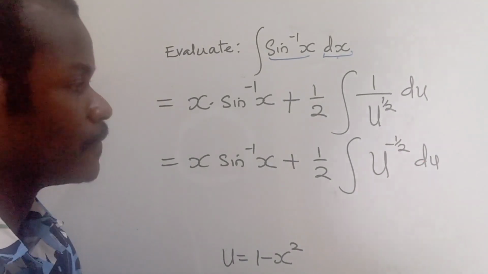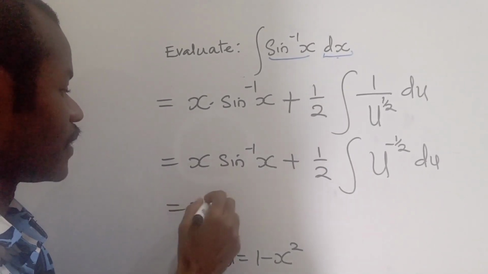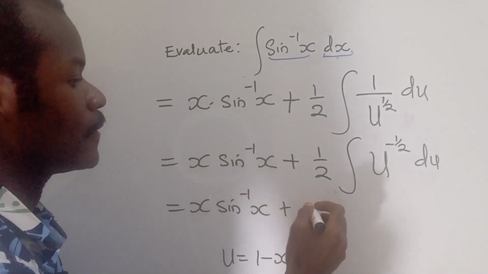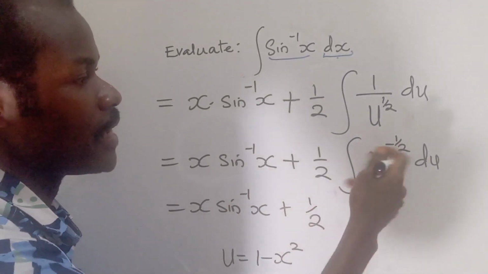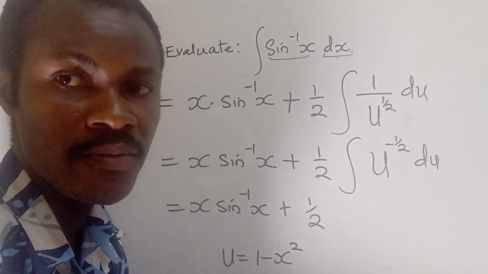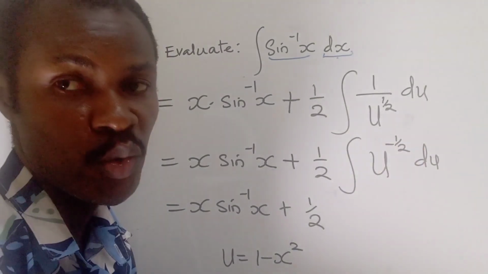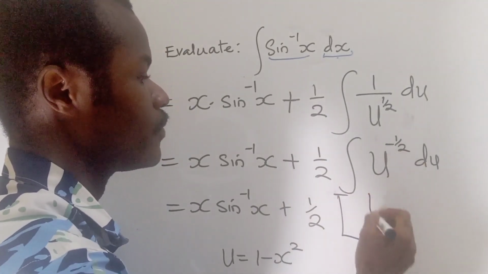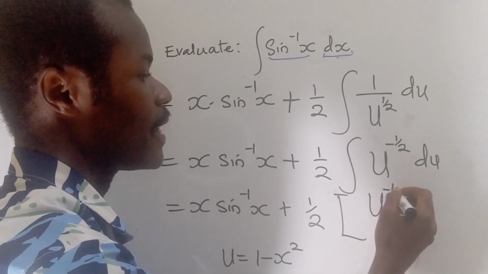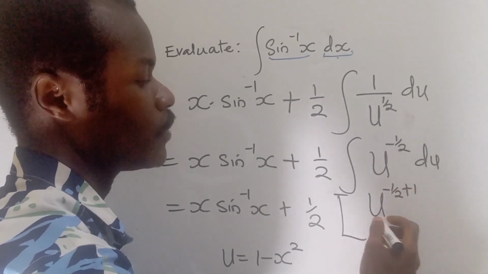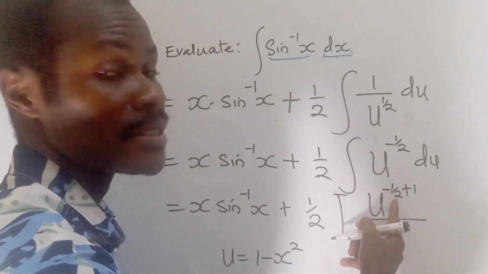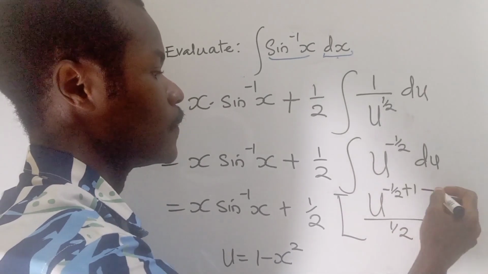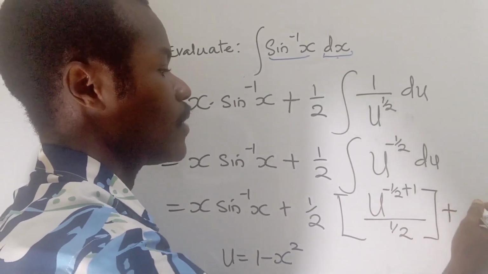Now let's do the integral of this part with respect to u. It's simply going to be u to the power of minus half plus 1, if you are using the power rule. Minus half plus 1 is simply half. Then we can introduce our constant.